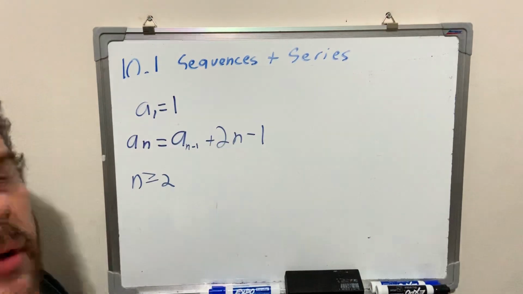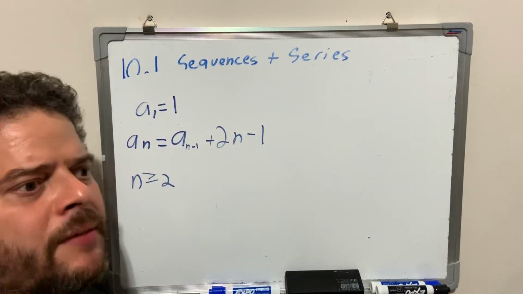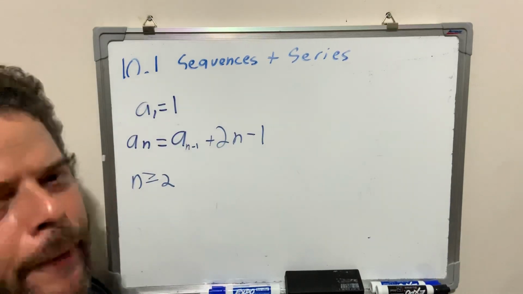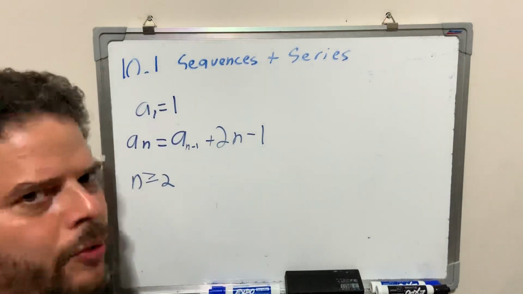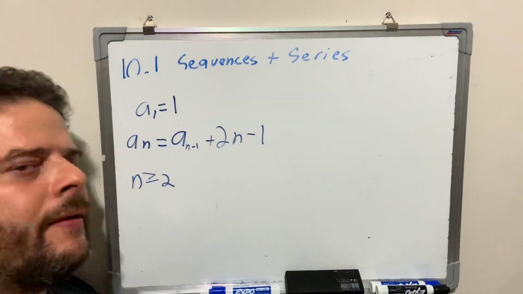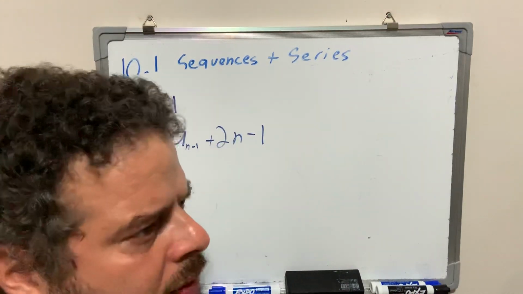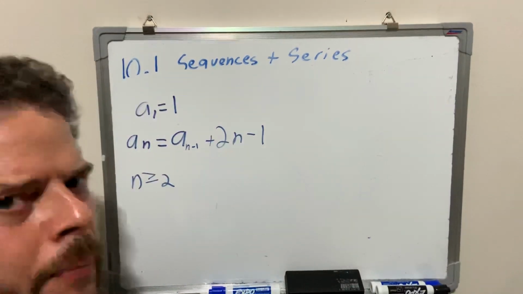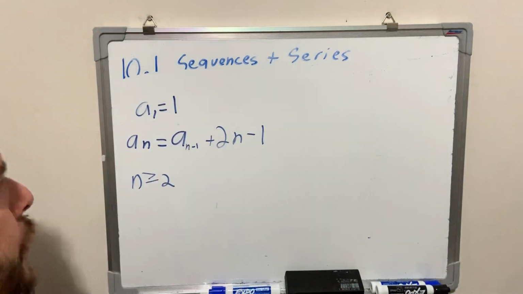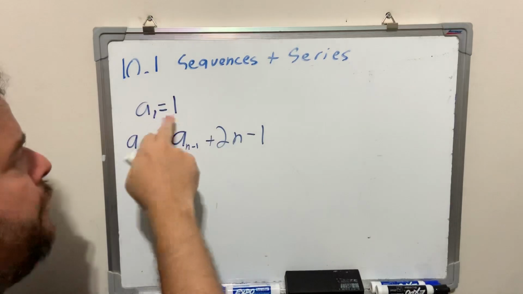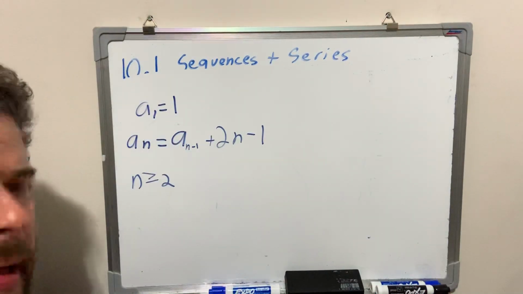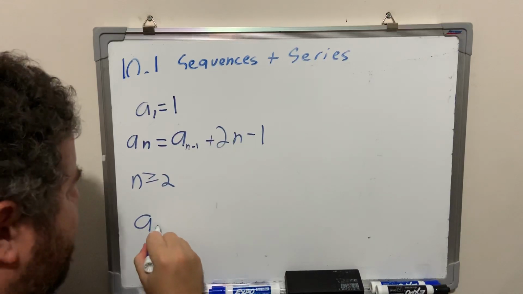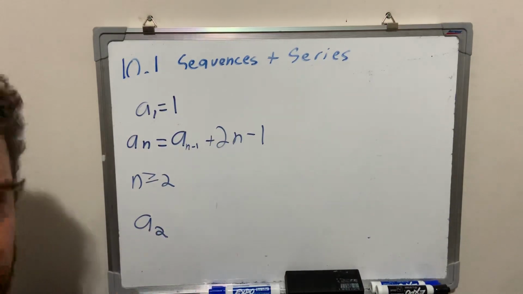Now note, they're not stating that I'm using the domain of the whole numbers or integers, but don't use 2.1. You could use 2, 3, 4, 5. Because again, they're not telling us what is the actual domain this belongs to. Just use whole numbers unless they tell you to do something else. So if this is the first term, let's see what happens when I try to find the second term, A2.